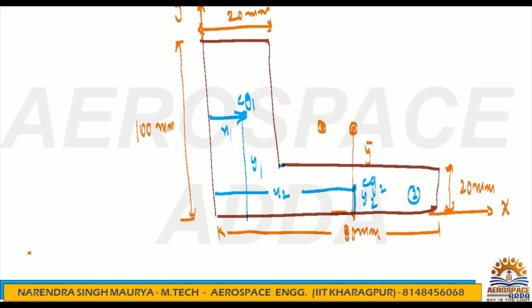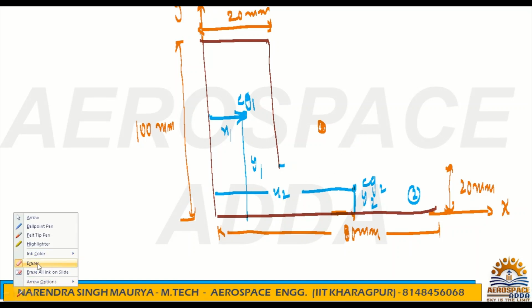Now it's clear. I can remove this y bar, because our y bar height is constant along the x axis. Anywhere you can take it, no? But x bar is important.